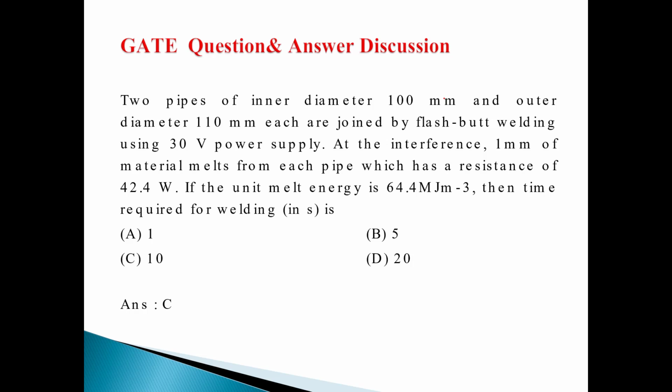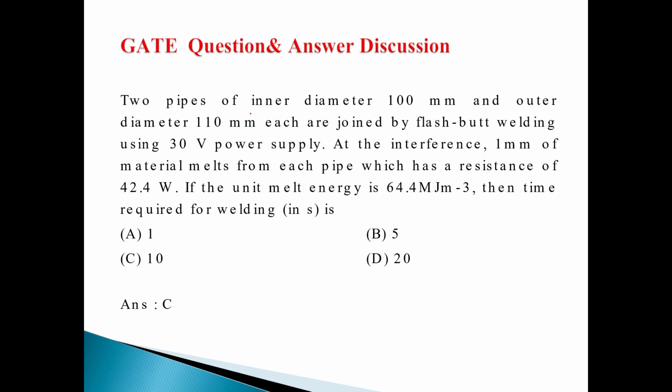At the interface, 1 mm of material melts from each pipe, which has a resistance of 42.4 watt. If the unit melt energy is 64.4, then the time required for welding is... okay, this is what they have given.